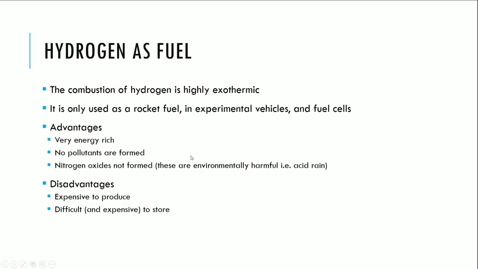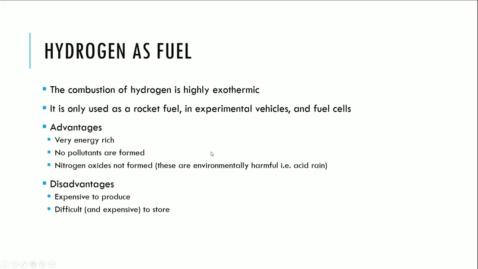So hydrogen can be used as fuel, right? So the combustion of hydrogen is a highly exothermic process. It is quite commonly used as a rocket fuel or in experimental vehicles and fuel cells. So the advantages of using hydrogen as fuel is that they are very energy rich and you don't get any pollutants forming from it.